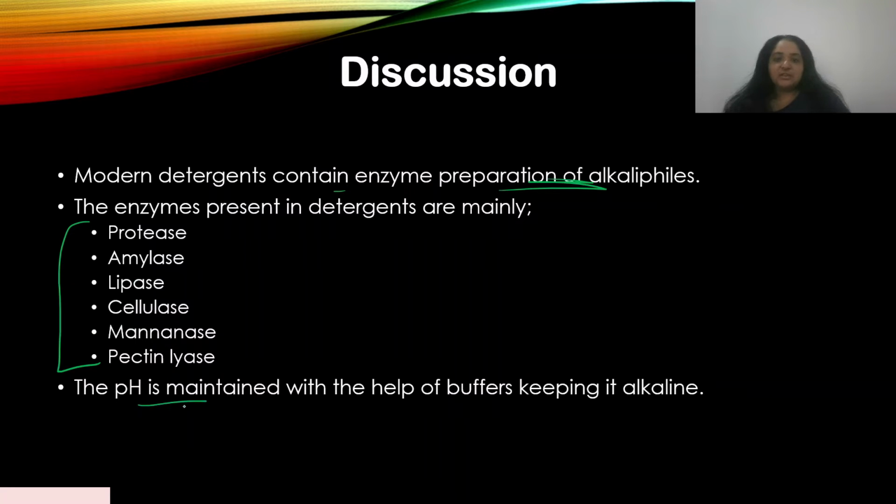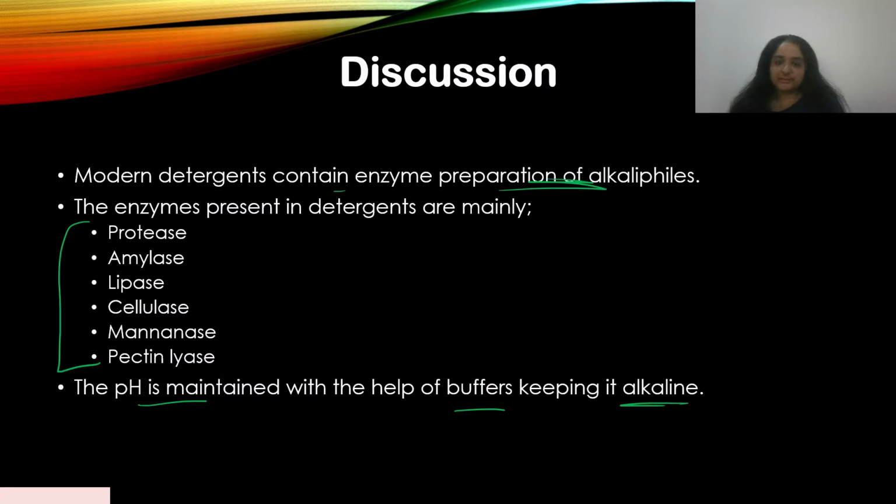Now, pH has to be maintained, right? A particular pH is maintained with the help of buffers, keeping it alkaline in nature. So these enzymes perform well in that condition. So the particular temperature that is set, then you have a particular pH that is maintained, and these enzymes need to act on the stain.